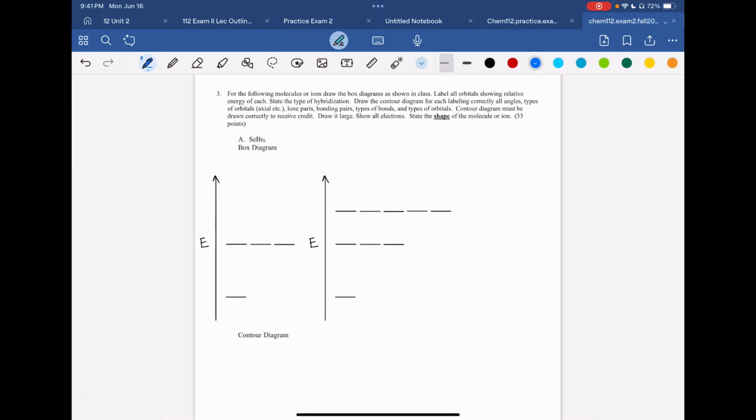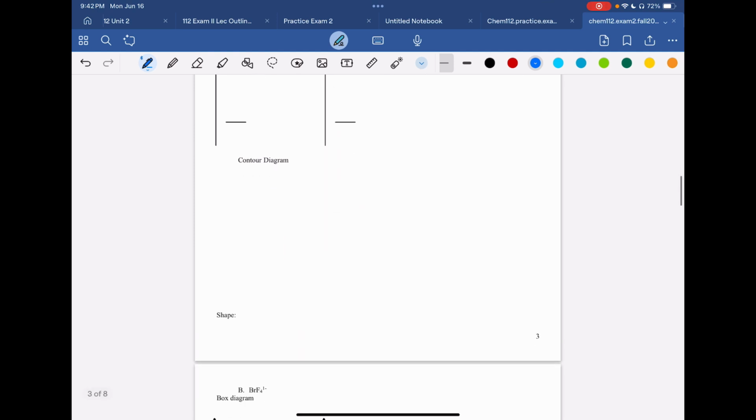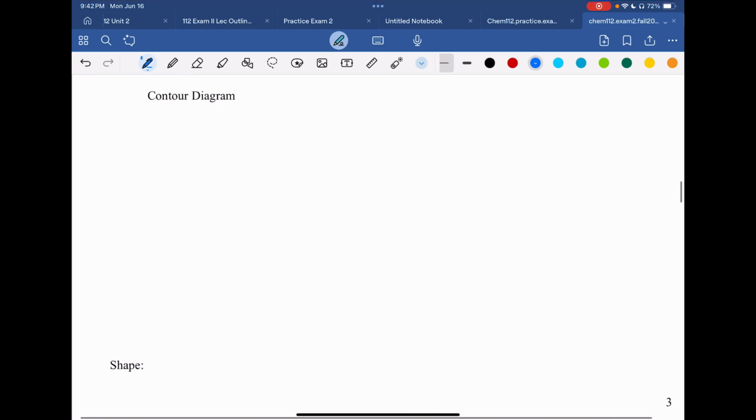For this question, I want to cover a couple of things before we even start this question, okay? So let me just open up a blank canvas and I'm just going to draw a random molecule, okay?